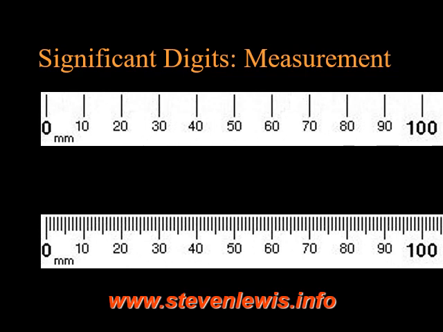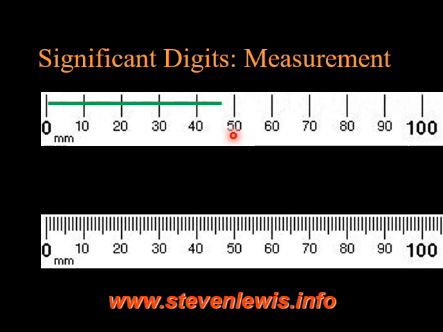Let's use these 2 rulers to measure the length of a line. Notice that the top ruler is divided into 10 millimeter increments. So we can count 10, 20, 30, 40. The line ends before it reaches 50 millimeters. So the line is somewhere between 40 and 50 millimeters in length.